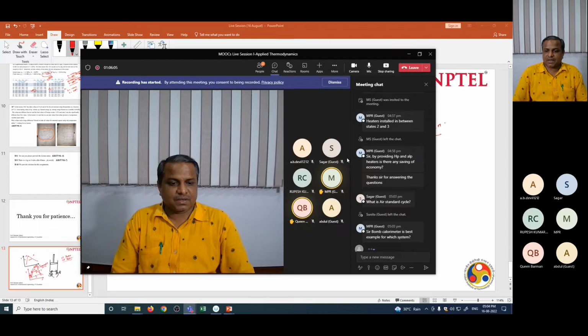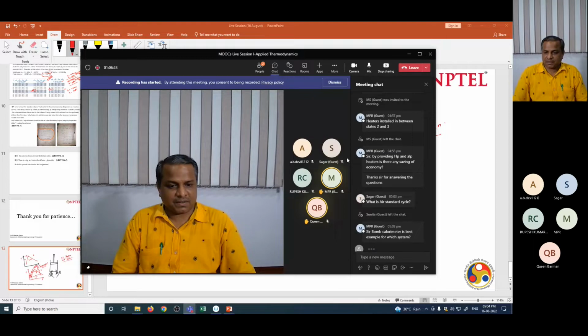So in an IC engine, what happens? Fuel and air enter into the engine. Normally, if you take the combustion process of fuel and air, the air quantity is about 14 or 15 times higher than the mass of fuel, because it's a stoichiometric air fuel ratio.